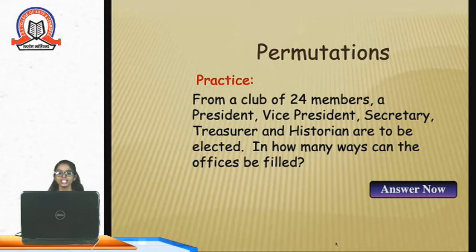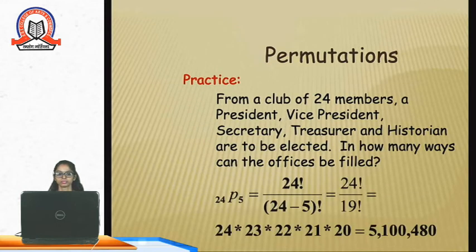All these 5 designations or all these 5 persons are important. Then using the permutation formula, my n value, that is total members, is 24. We select only the 5 persons to fill the offices, so r value is 5.